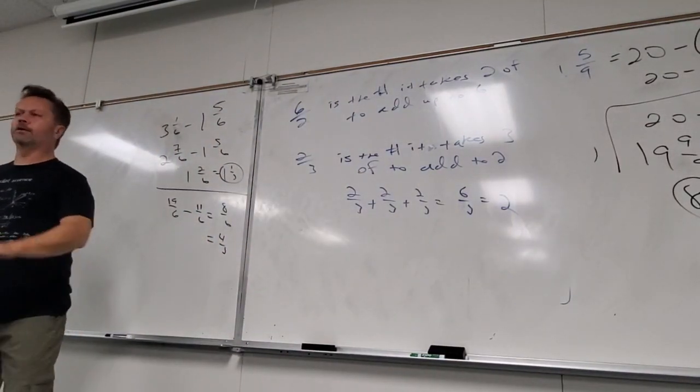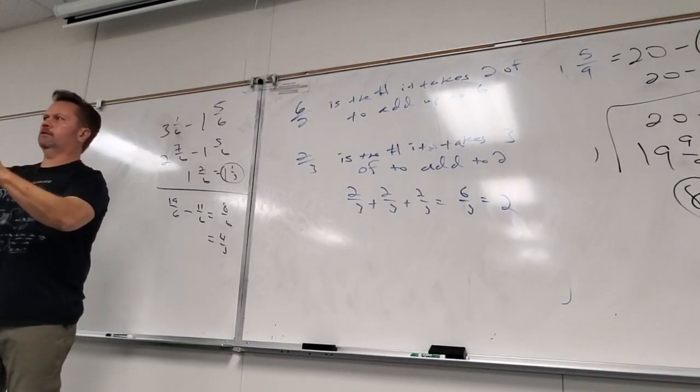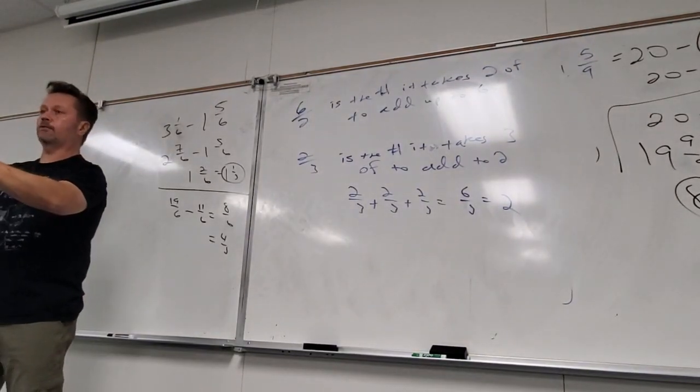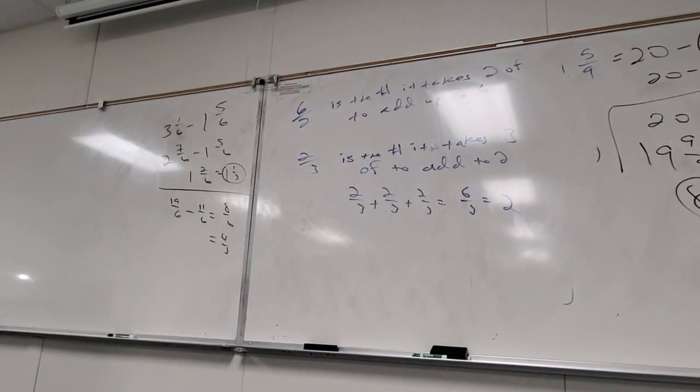All right. The book addresses this, and I like the way it does this. 2/3 could be looked at as breaking up something into 3 parts and taking 2 of them. But 2/3 itself is its own number. It doesn't have to be break something into 3 parts and take 2 of them. 2/3 is its own number in its own right.